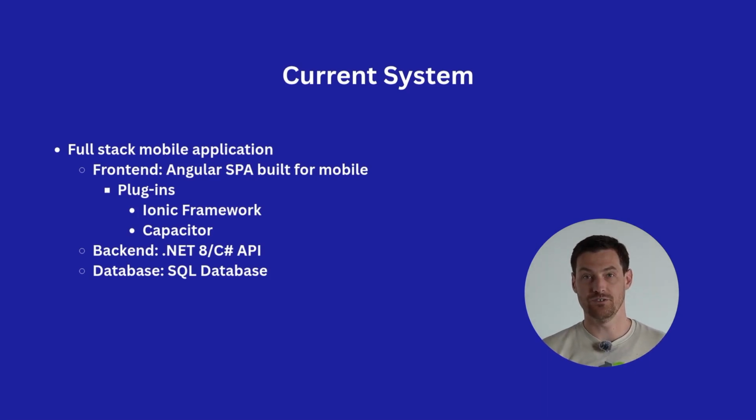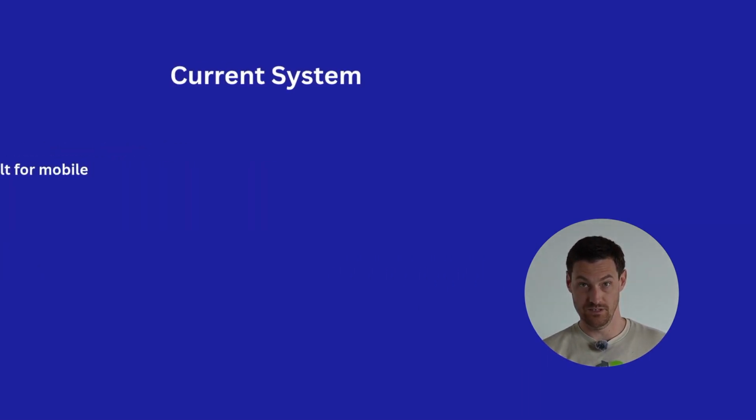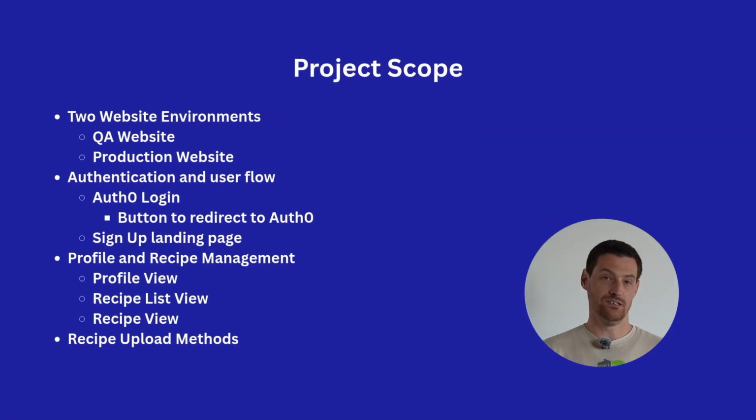What we're looking for as far as this web app is we want a new QA and production website. QA so that we can test the web application before we put code into production. We also want users to be able to log in to those websites using Auth0, which mimics what we use in the mobile application.